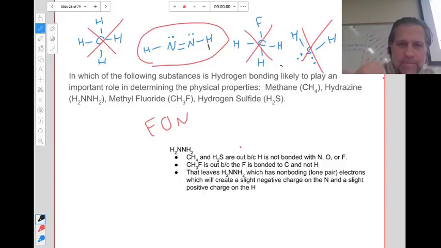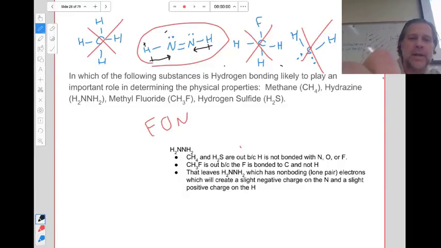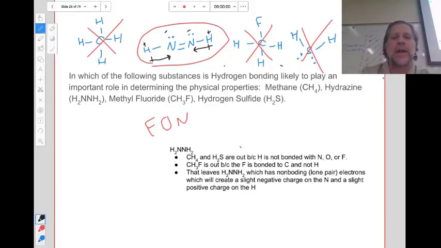Because there is a slight dipole that goes here, we have a slightly positive side, a slightly negative side, a slightly negative side, a slightly positive side. So this is the opportunity where some hydrogen bonding might occur.